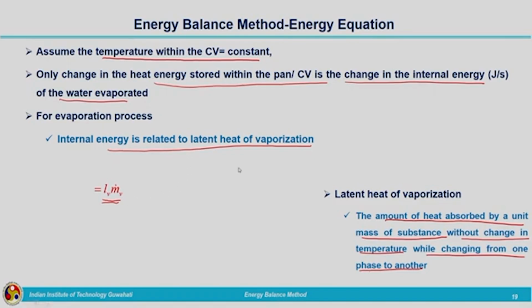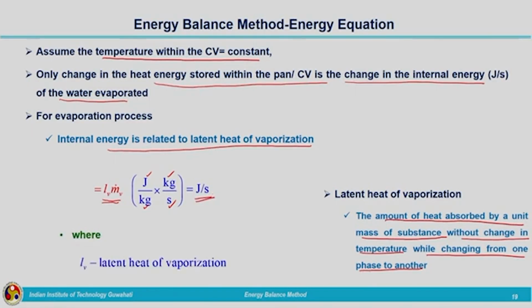We are relating it to latent heat of vaporization and it can be written as Lv multiplied by mv dot. So, Lv, latent heat of vaporization, is in joules per kilogram, and what about mv dot? mv dot is the mass flow rate, that is in kilograms per second. So, we can write the unit of this energy as joules per second. Lv is the latent heat of vaporization.